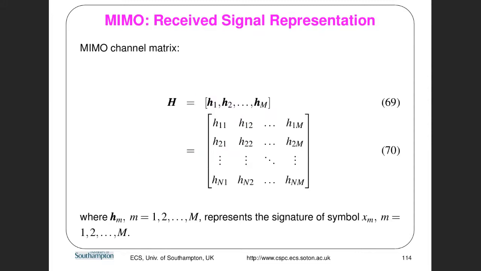So this is a channel matrix. We have transmit antennas and receive antennas. So that's how it looks when it's extended. I will show more in a supporting document.